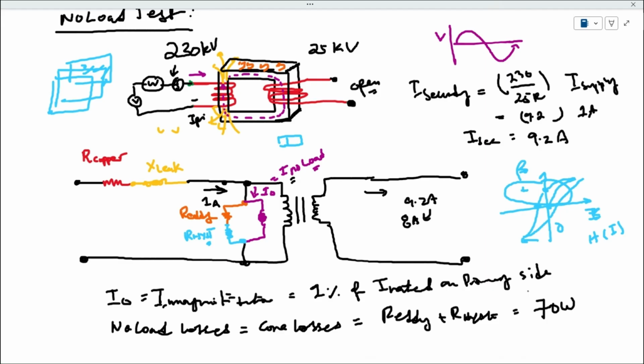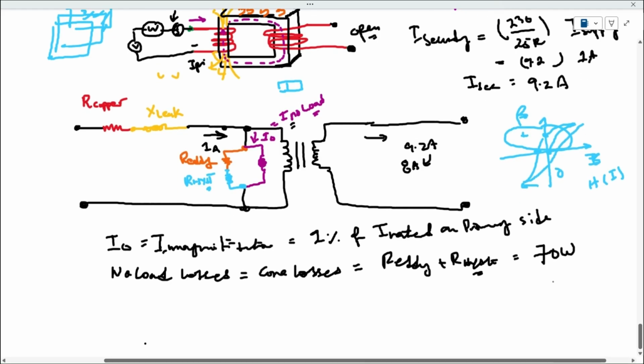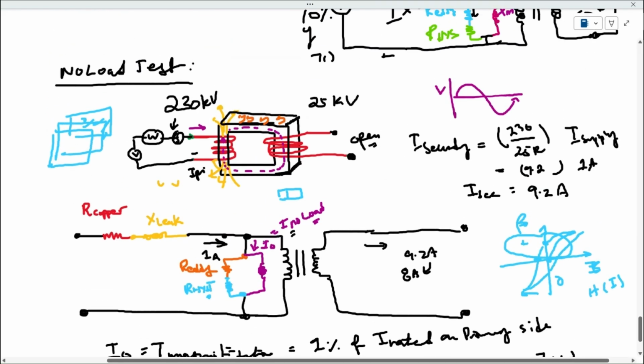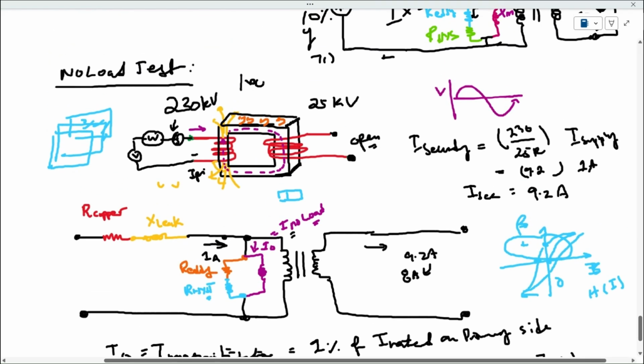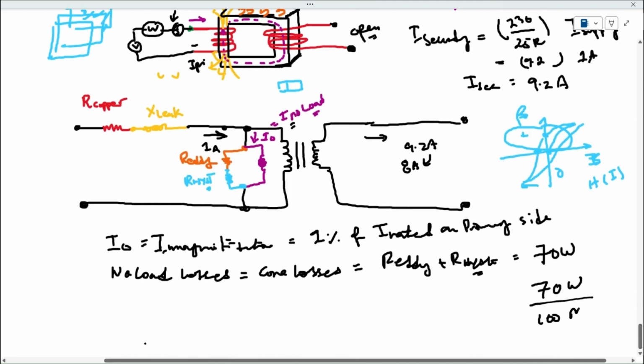Generally, that's what happens. And then the R eddy plus the R hysteresis, let's say, are 70 watts. So for us to put that in PSCAD, what you do is take 70 watts divided by generally the rating. Let's say in this case this is a 100 MVA transformer. Let's assume that for a second. So you would divide by 100 MVA, and then you would come up with that per unit value.